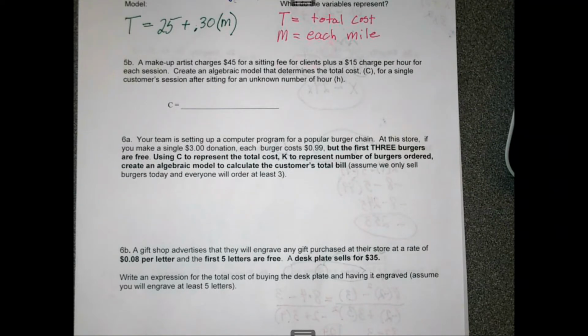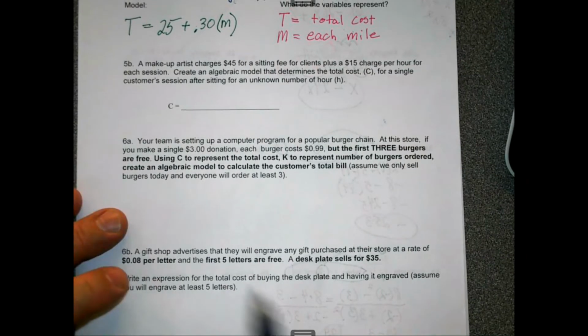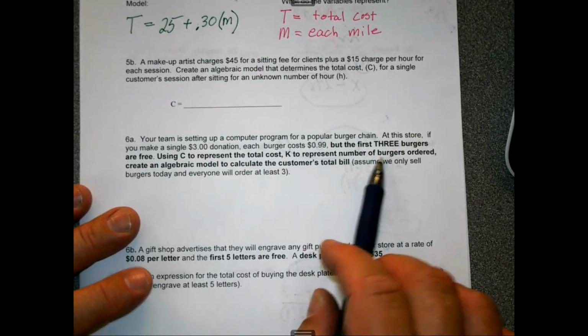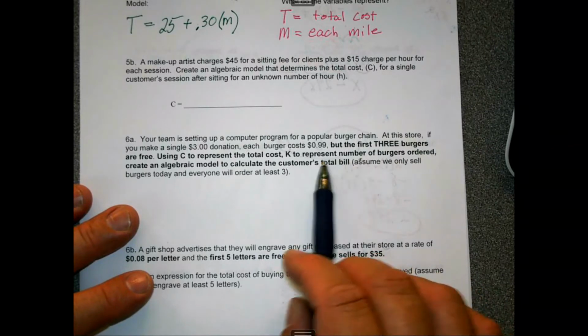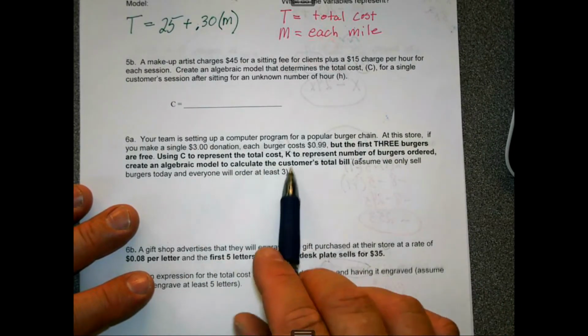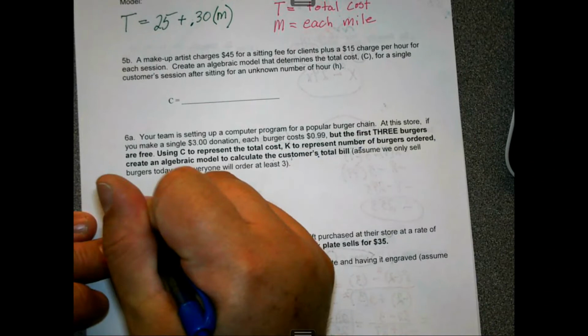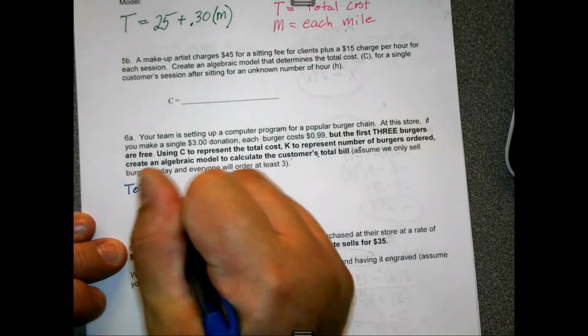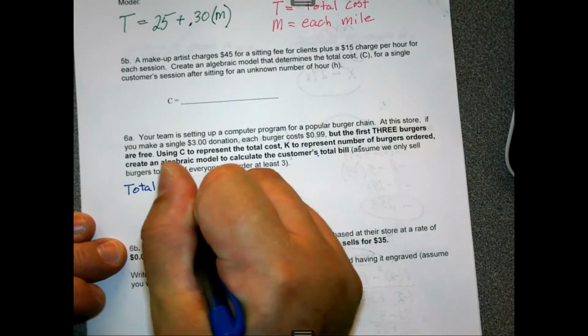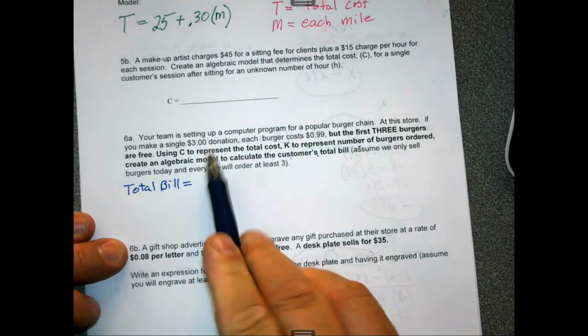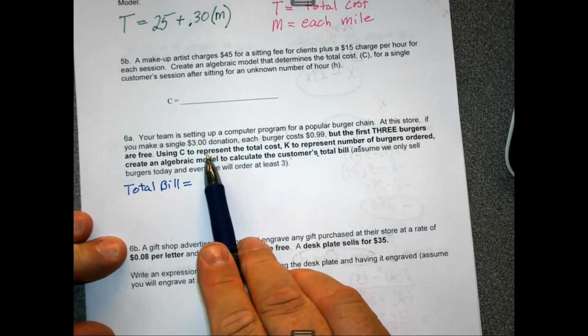Bless you. Assume we only sell burgers today and everyone will order at least three. So they actually define the variables for us, right? So I'm going to do my verbal model. So my total bill is going to equal the donation, right?